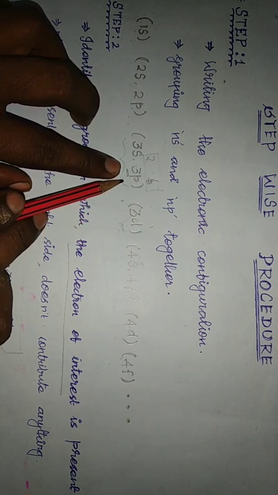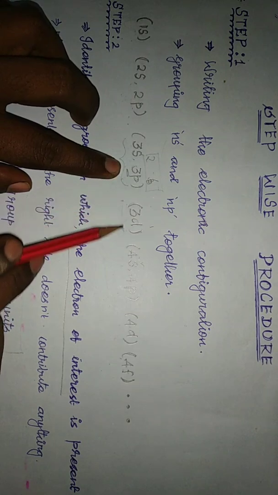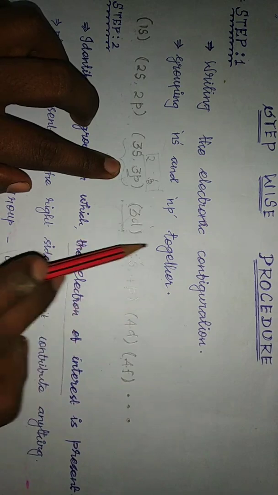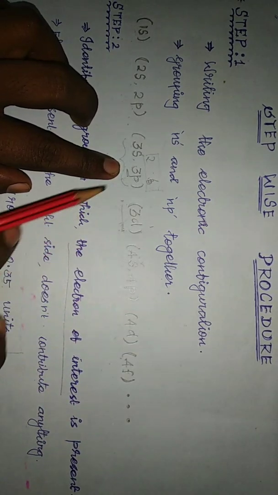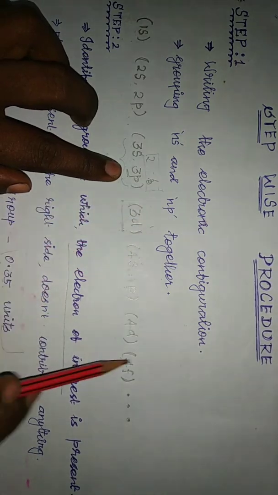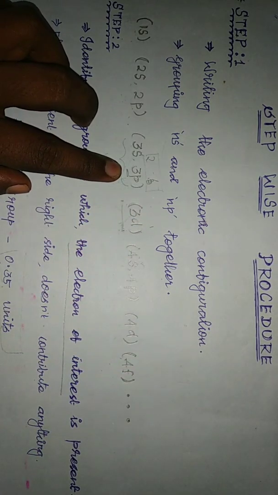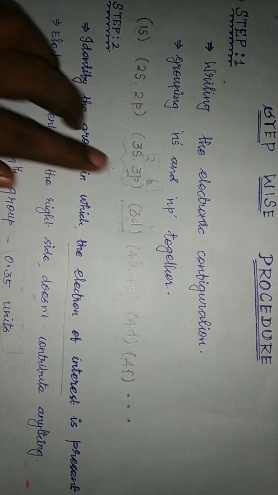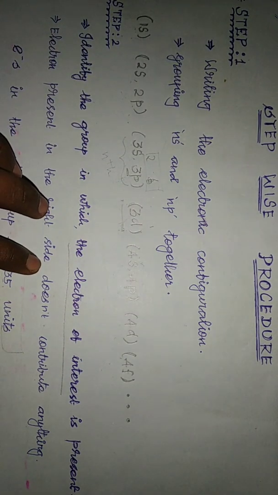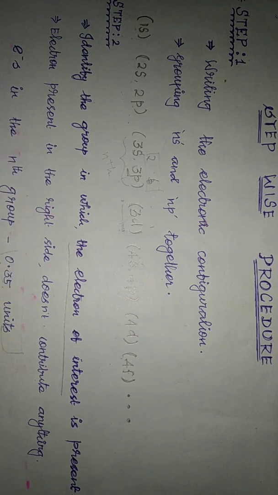Here, on the right side of this 3p orbital we have 3d, 4s, 4p and so on. We need not worry about these orbitals. The orbitals to the right of the orbital whose electron we are considering, we need not consider. So that is given in step number 2: electrons present on the right side do not contribute anything to the calculation of the S value.